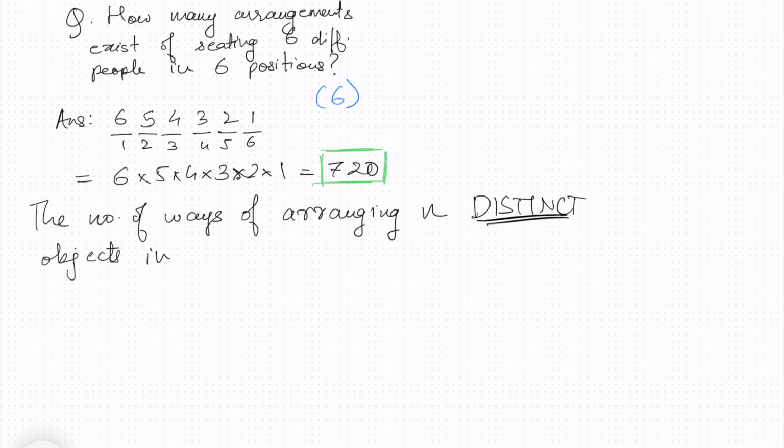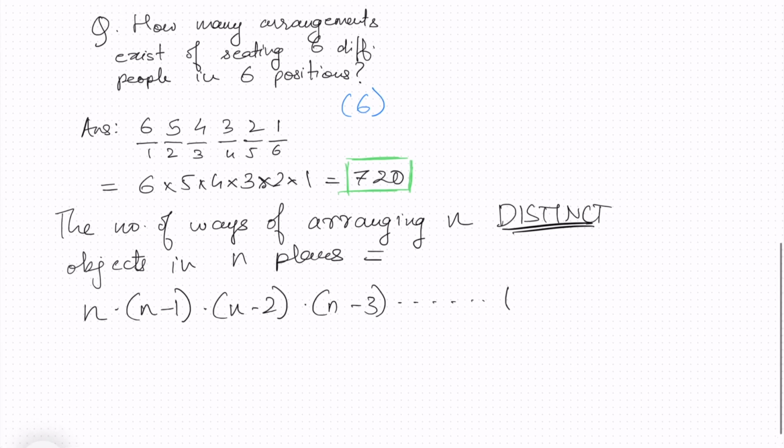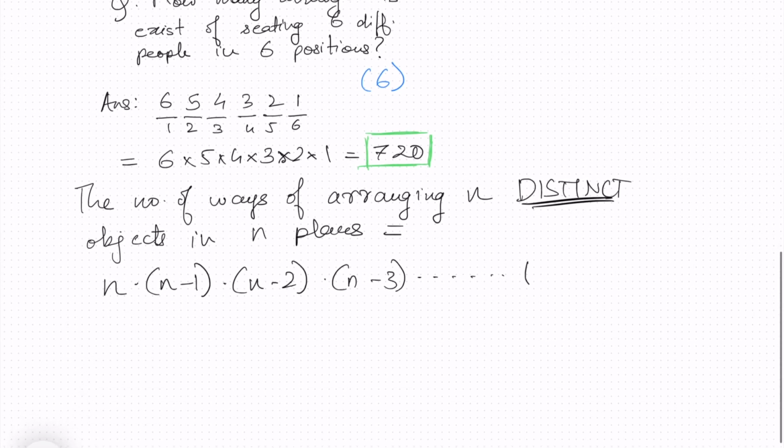The number of ways of arranging n distinct objects in n places is equal to n into n minus 1 into n minus 2 into n minus 3 multiplied all the way up to 1. This you can see by the examples that we've done. So if there's n places, the first place I can fill in n ways, the second in n minus 1, the third in n minus 2, and so on, all the way till 1, till the last place is remaining.